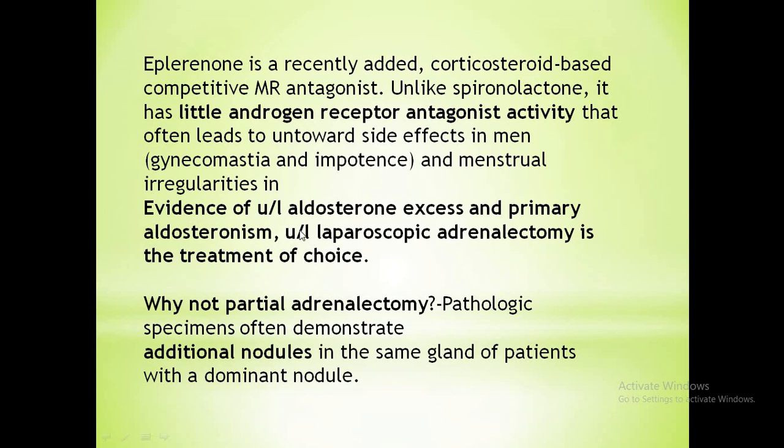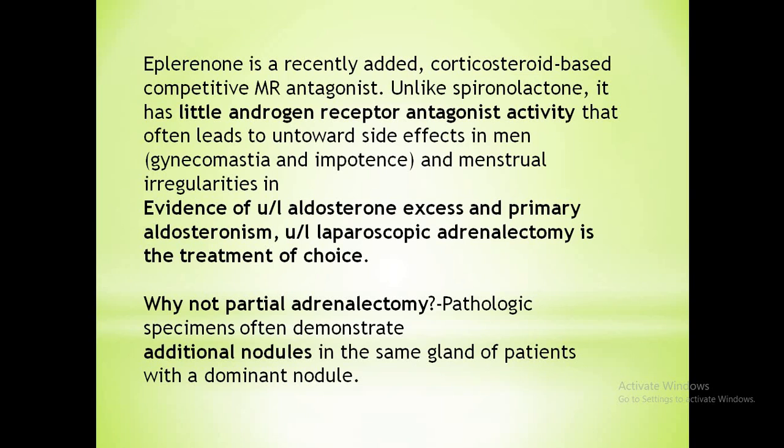So unilateral adrenalectomy is the treatment of choice if you find evidence of unilateral aldosterone excess in primary aldosteronism. So why not partial adrenalectomy? In pathological specimens, we've seen that there are additional nodules in the same gland of the patients with a dominant nodule.